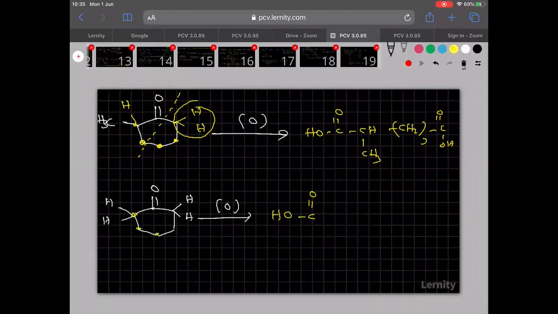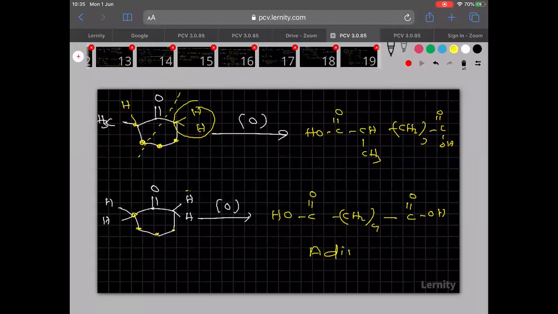Then how many CH2? 1, 2, 3, 4th. Is it clear? Then this CH2 group is there, no? It converts into COOH again. So what is the name of this acid I am writing here?